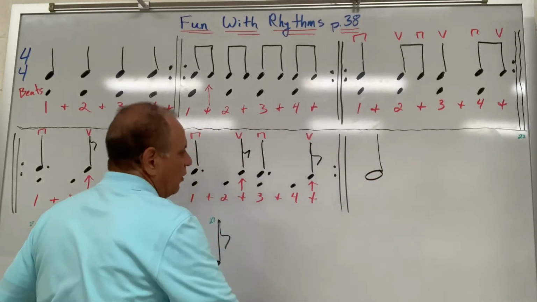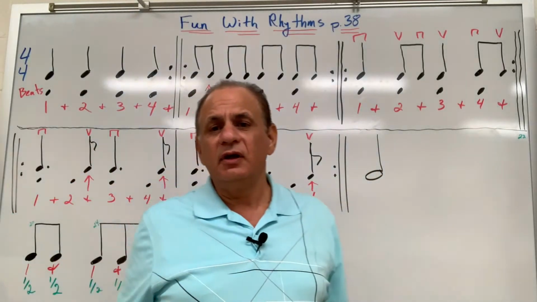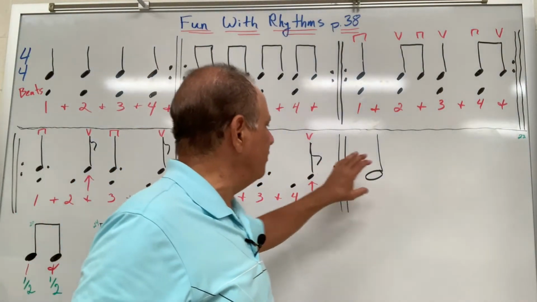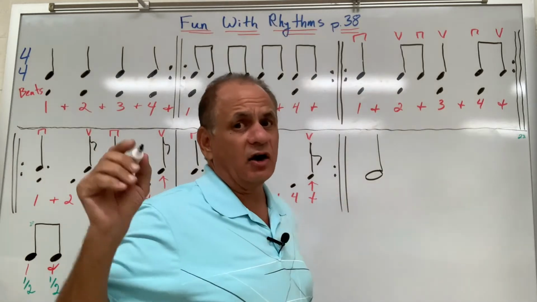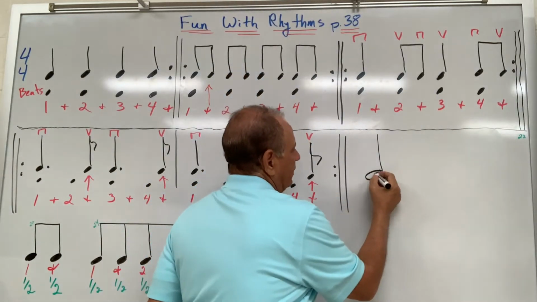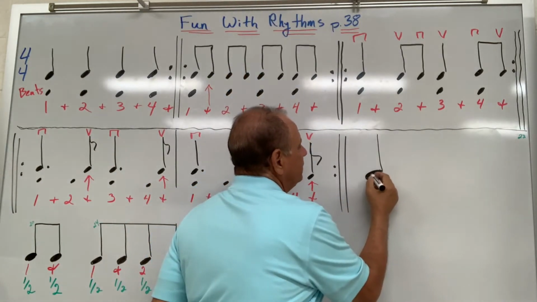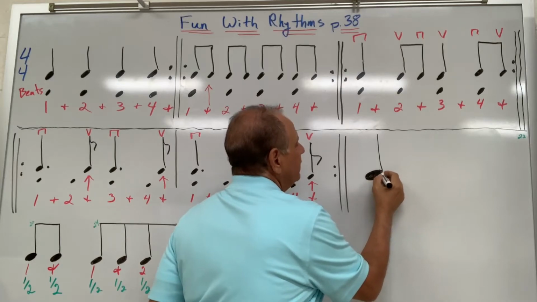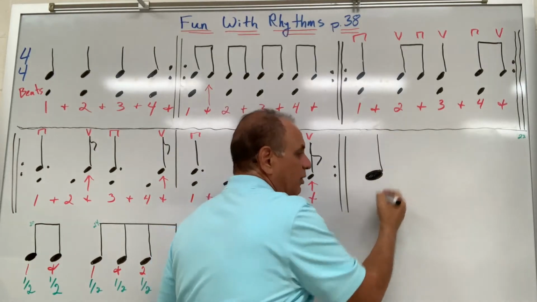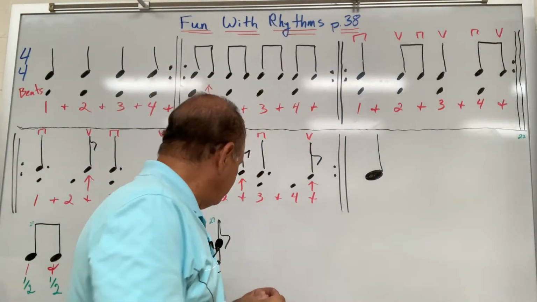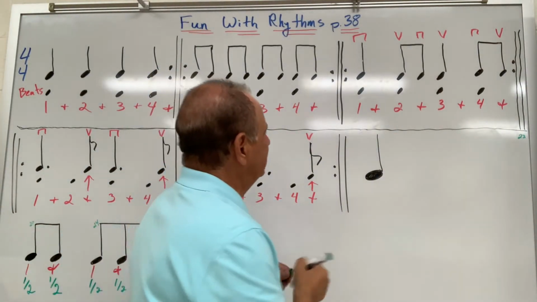Now let's go ahead and try to figure out the value of a dotted quarter note. So let's sing our quarter note song. Draw an oval and color it in, color it in, color it in. Draw an oval and color it in, and we add a stem for a quarter note. Now let's create a mathematical equation.